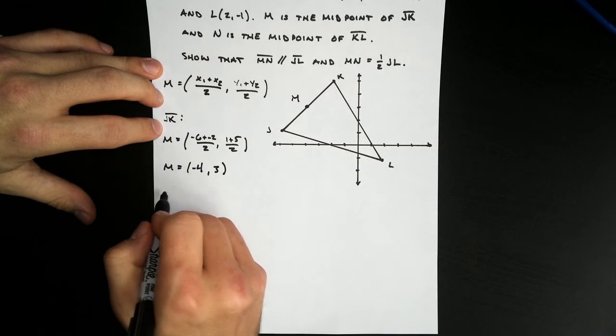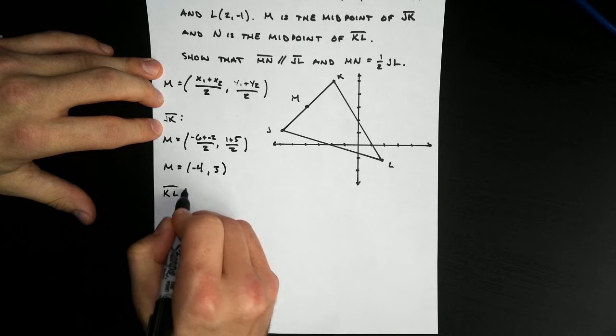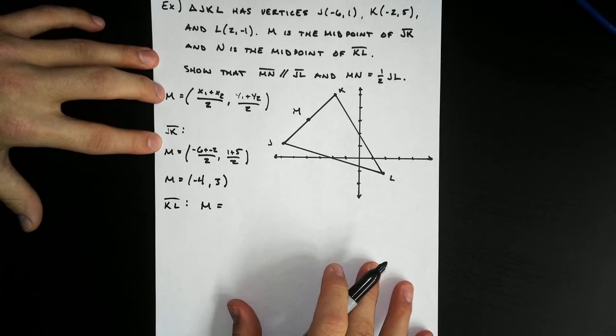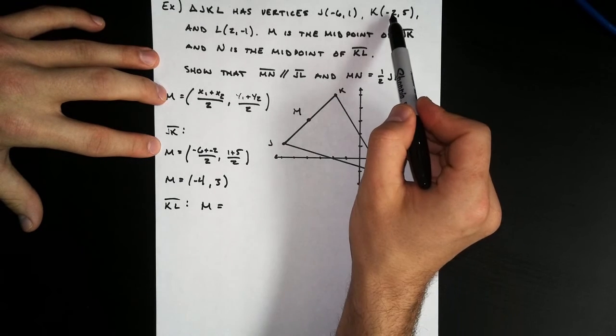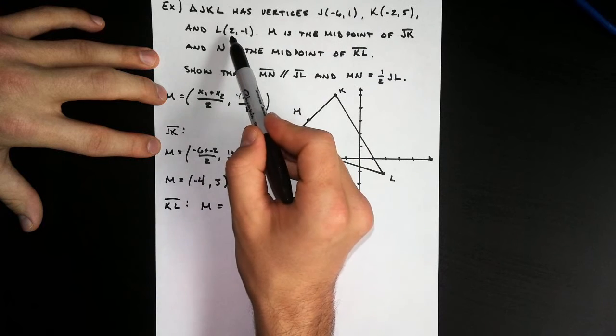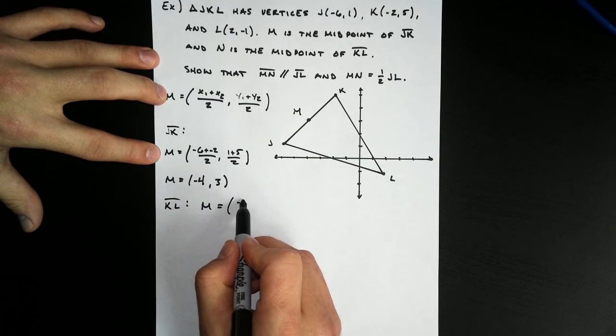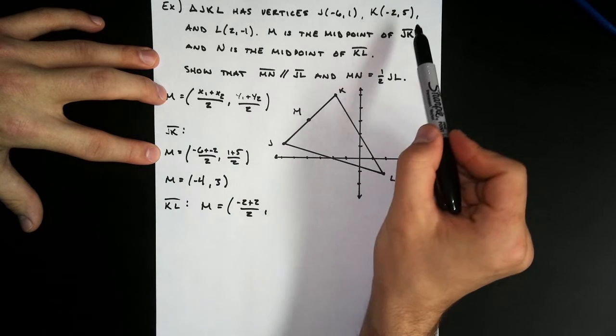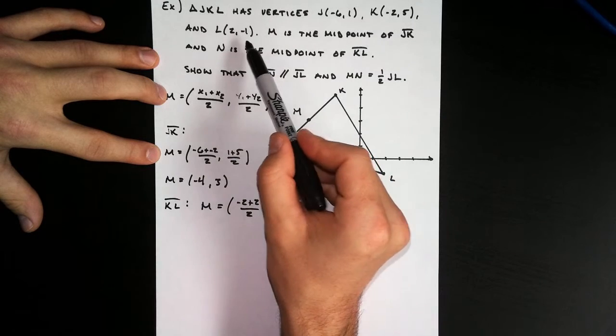So we need to find the midpoint of KL. So our two x values for KL, we have -2 and 2. -2 plus 2 divided by 2. And then our two y values, 5 and -1.